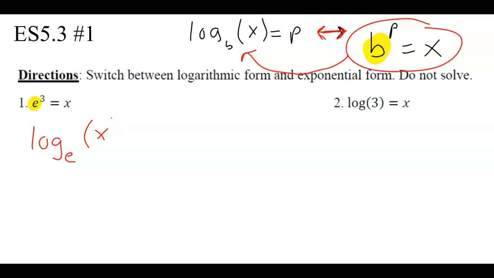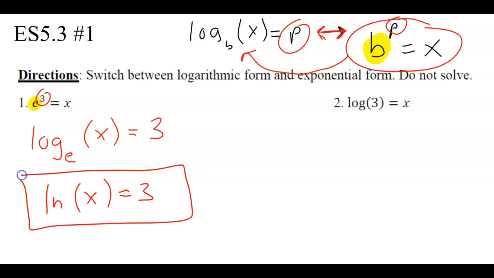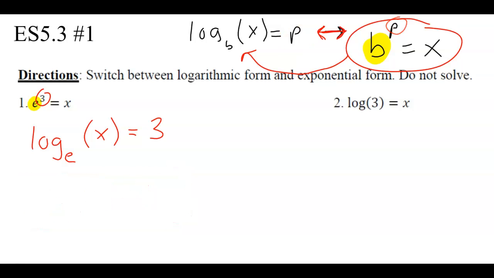So X equals 3. That power, whatever the power was, becomes the number on the right side. Okay, so this is a good answer, but you might remember that log base E is actually the natural log. So if you ever have a log base E, typically we'll answer that with the natural log of X.